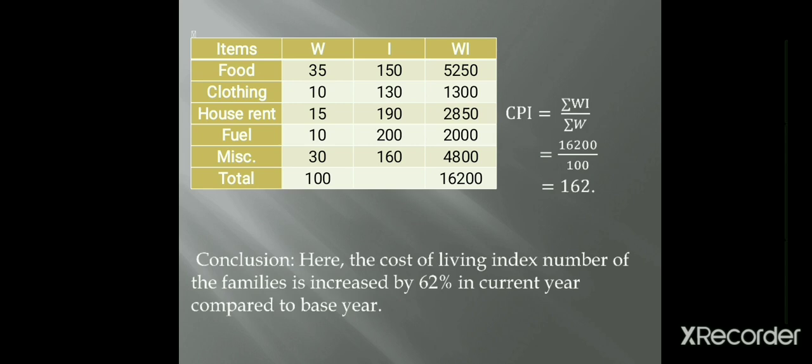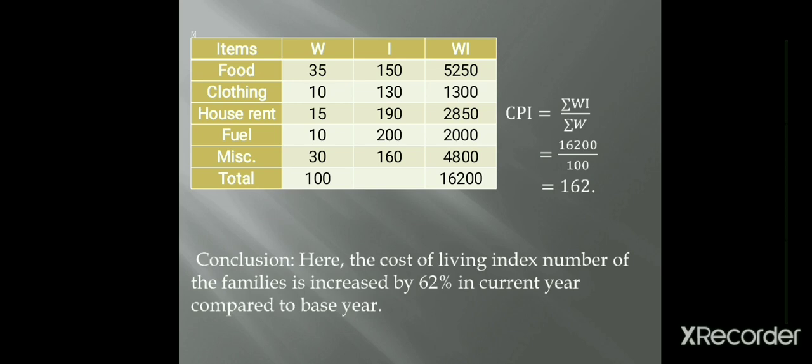The first value is 150 multiplied by 35 is 5250. The next 10 multiplied by 130 is 1300. 15 multiplied by 190 is 2850. 10 multiplied by 200 is 2000. 30 multiplied by 160 is 4800.